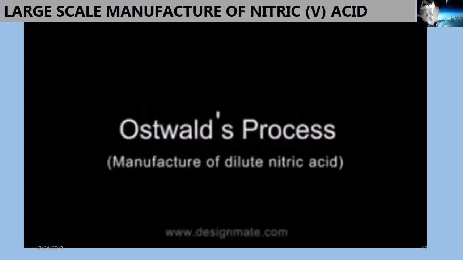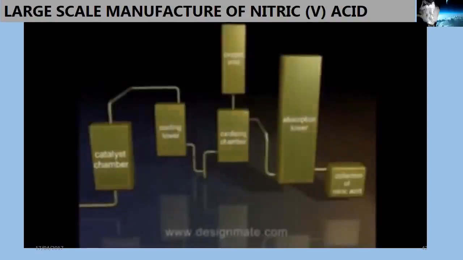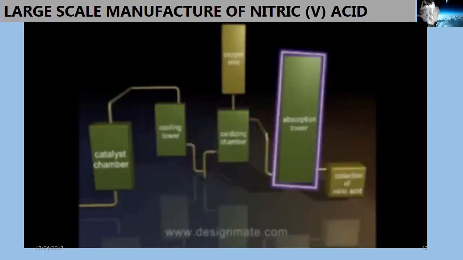Ostwald's process. Here we have 4 chambers, namely catalyst chamber, cooling tower, oxidizing chamber, and absorption tower.